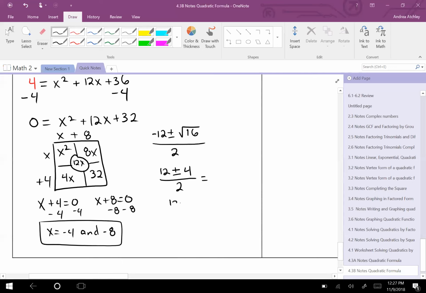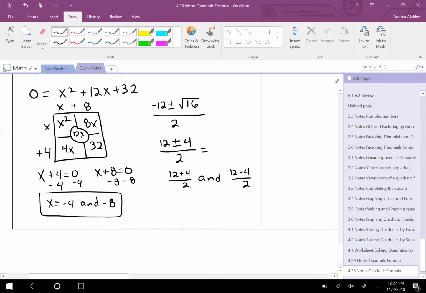So then you're separating, and you're going to get 12 plus 4 all over 2, and 12 minus 4 all over 2. 12 plus 4 is 16. 12 minus 4 is 8. Oh, I dropped the negative, sorry. Let's try that again.